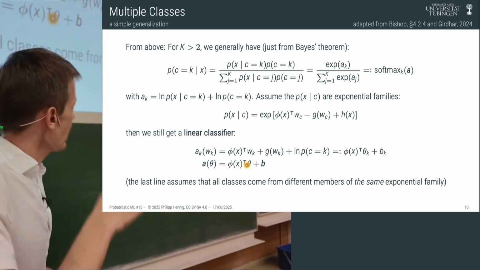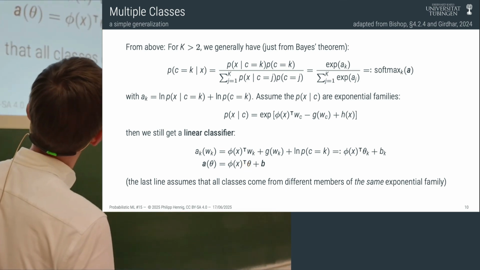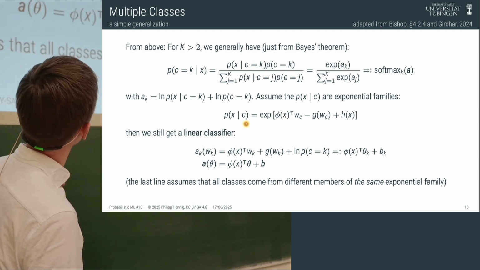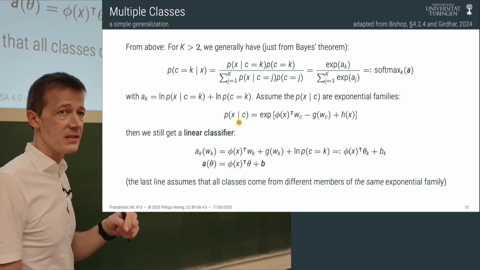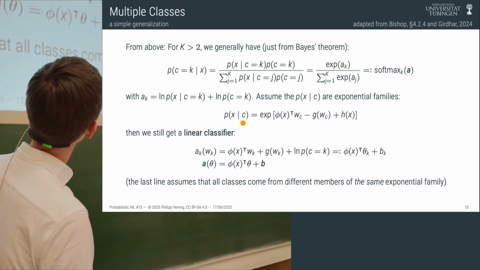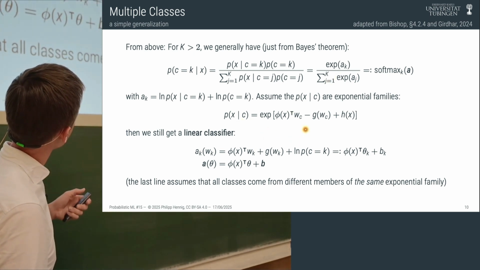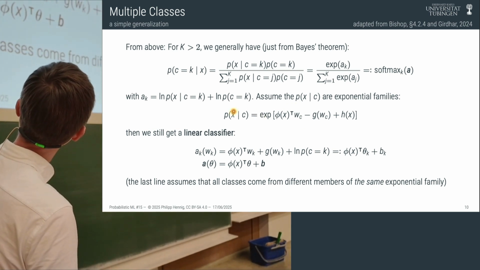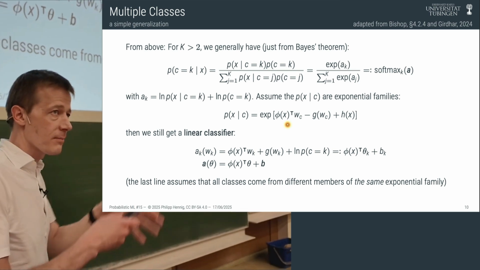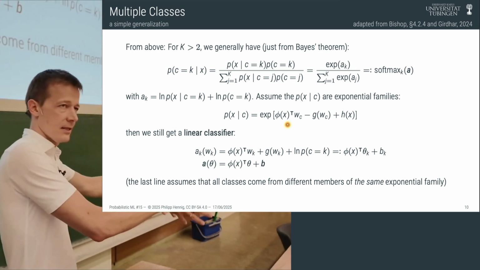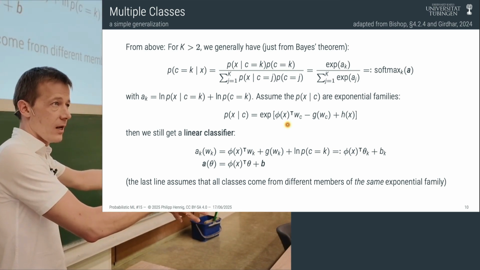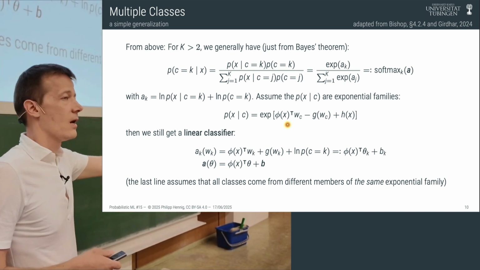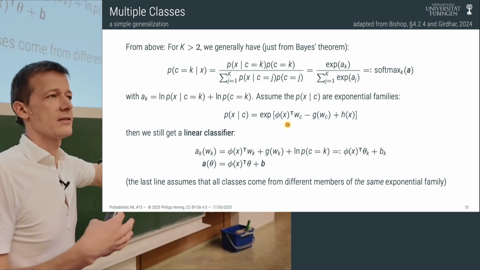Ah, great question. So you're saying, what about the conjugate prior to this exponential family? Is that the prior for the class C, P of C? Is that our conjugate prior? Actually, no, and this is a really great point to make. We are assuming that for every individual class, we have a probability distribution that is an exponential family. And we don't know what that distribution is, right?